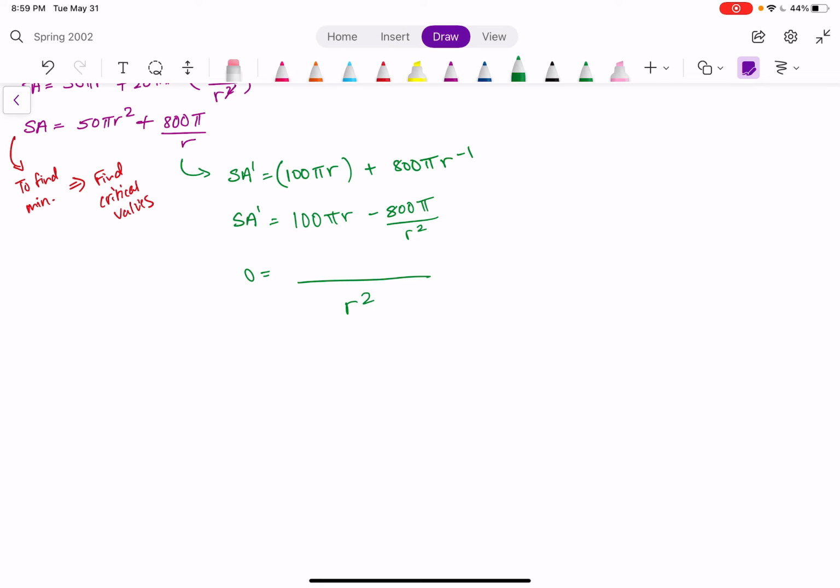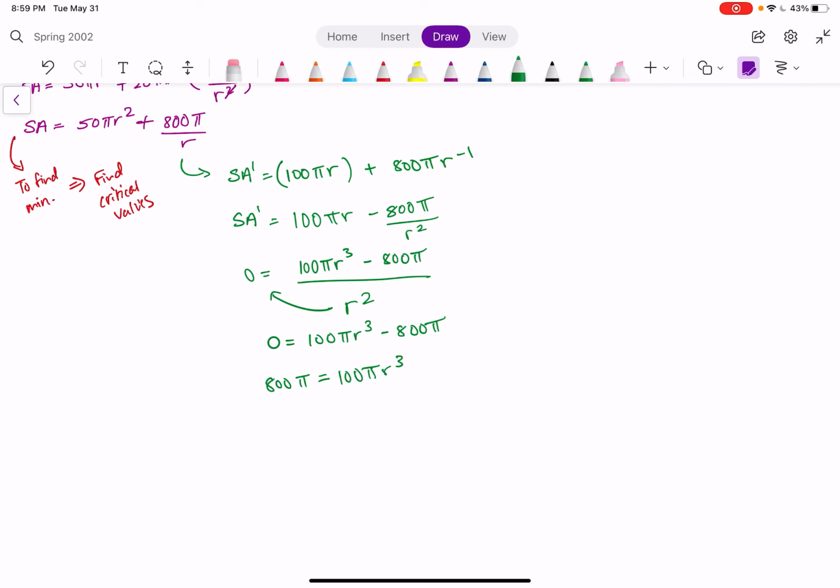So r squared, so it's going to be 100 times pi times r squared is r cubed minus 800 pi. And then multiply this to that side, and then you're left with just 0 equals 100 pi r cubed minus 800 pi. So 800 pi equals 100 pi r cubed.